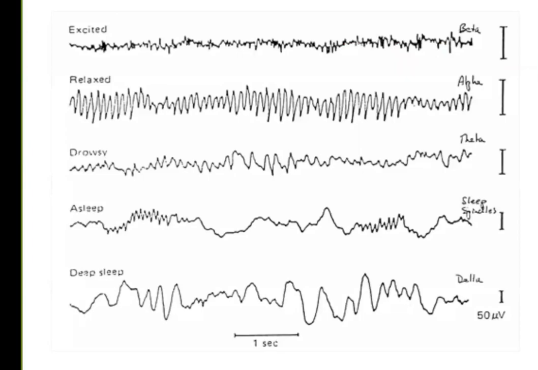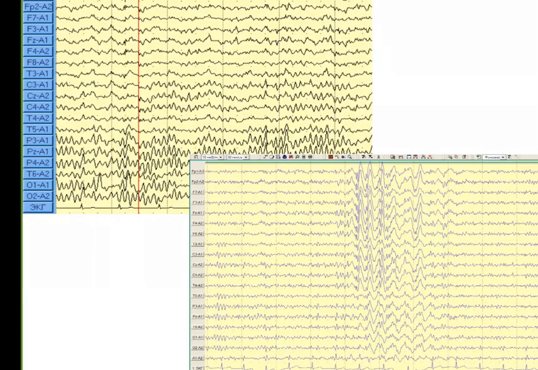For example, I demonstrate two pictures, two types of brain activity. The first one is a relaxed, healthy body. You may see alpha waves present in the occipital lobe, and it's okay. And in the second picture, with seizures, you may see how dramatically the EEG differs from the first slide.